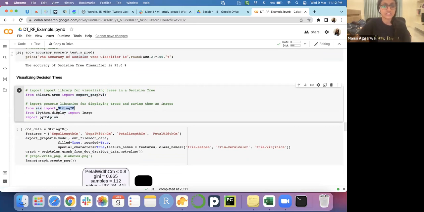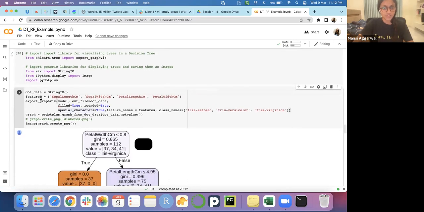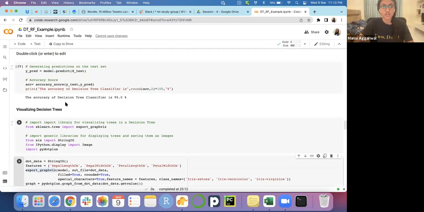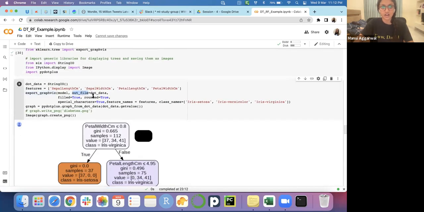The IPython.display import Image is for IPython environments like Colab, Jupyter Notebooks, etc. And then we're importing pydotplus. Now we're using all the 4 features, and we are using this export_graphviz function to take our model, the model that we saved here. Out file is dot_data.